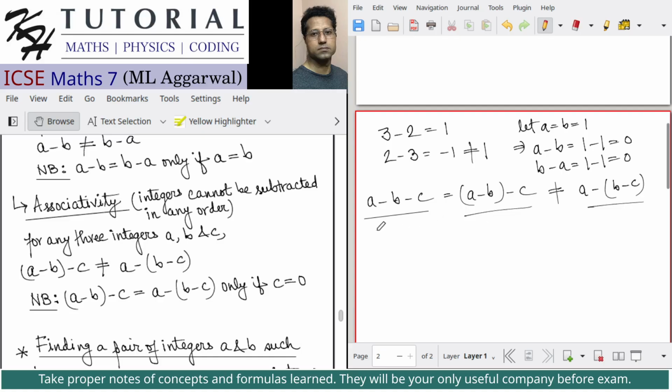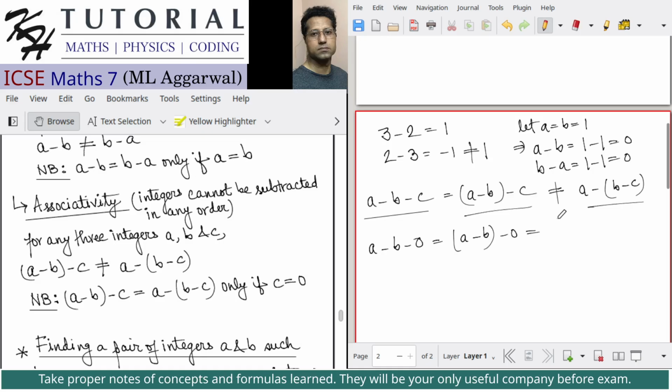That is, let's say a, b, c are three integers where c is 0. If we consider c to be 0, then a minus b minus 0 will obviously be equal to a minus b. I am first doing the subtraction a minus b and then subtracting 0 from the result.